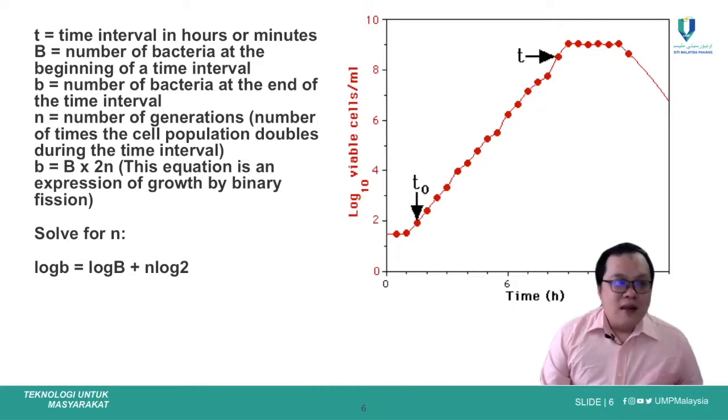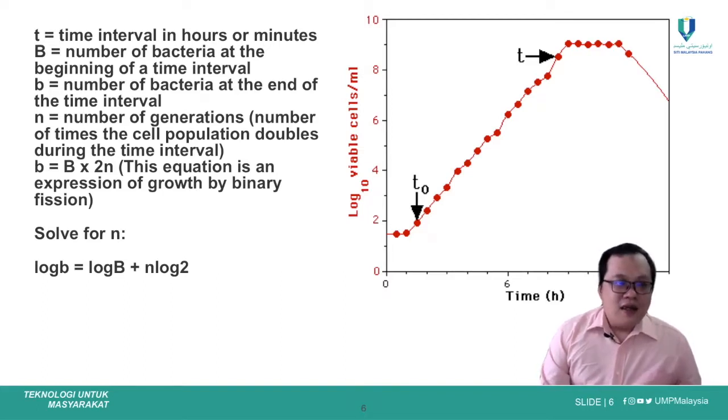Then b equals the number of bacteria at the beginning of the time interval, and B is the number of bacteria at the end of the time interval, where at the time point of T naught, we take the number of bacteria corresponding to that time.